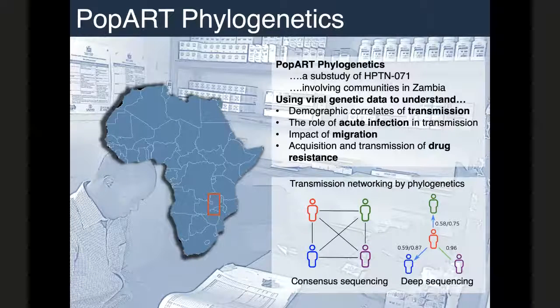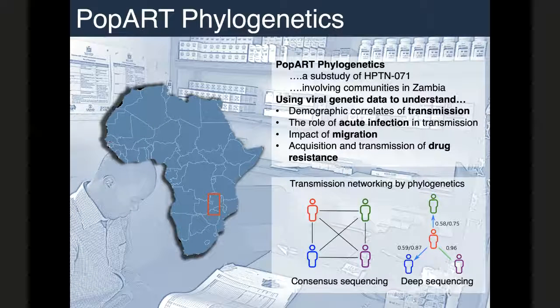Popart, as you are aware, is the largest clinical trial of treatment as prevention ever conducted, and the phylogenetic sub-study involves the communities in Zambia. Individuals who consent to the phylogenetic sub-study give a sample at the beginning of the trial.